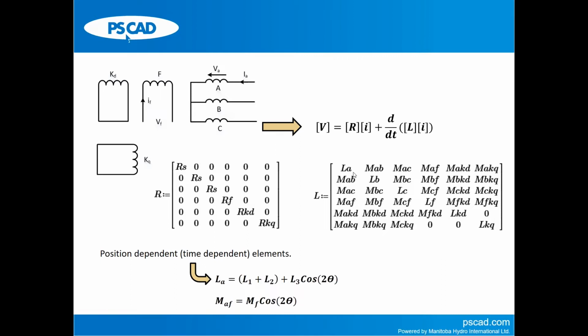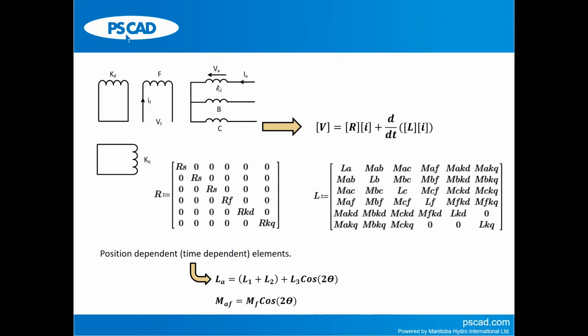The inductance matrix consists of self-inductance terms, self-inductance of A, B, and C, LA, LB, LC, LF, LKD, LKQ, as well as all the mutual couplings between different windings. That's why this is a coupled coil representation.